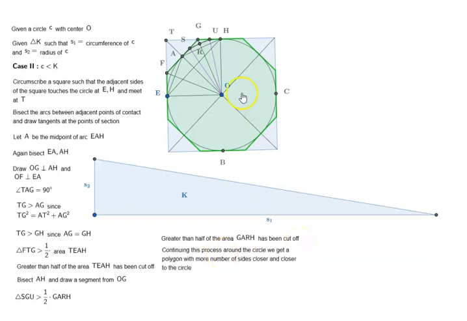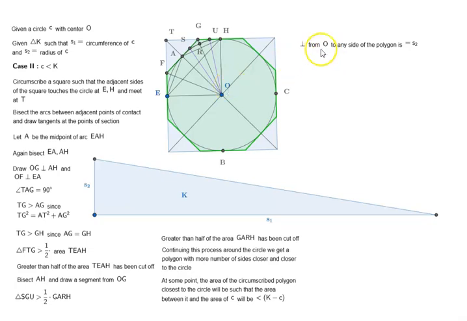Continuing this process around the circle, we get a polygon with more number of sides, closer and closer to the circle. At some point, the area of the circumscribed polygon closest to the circle will be such that the area between it and the area of the circle C will be less than K minus C. The perpendicular from O to any side of the polygon is equal to S2 because it is equal to the radius of the circle.